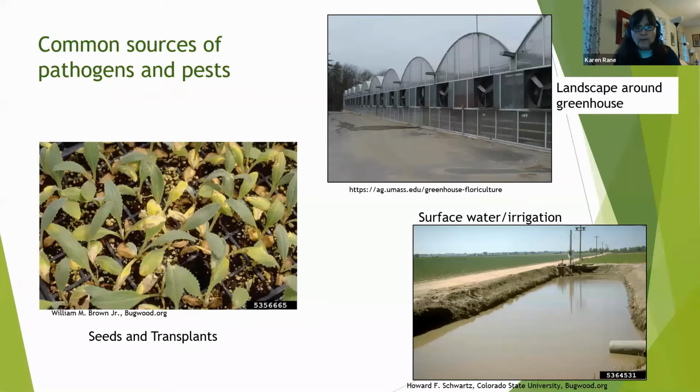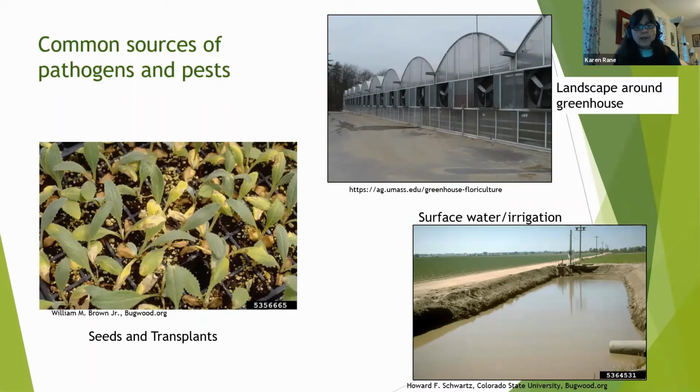And we also have issues if you're irrigating with surface water. These are things like irrigation ponds, for example. Again, there's untreated soil in those ponds, and there are certain pathogens that are particularly damaging to hydroponic crops. The water mold pathogens, they used to be called fungi, but they're not anymore. They're called water molds.